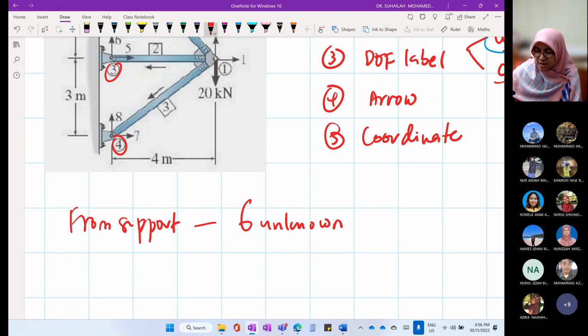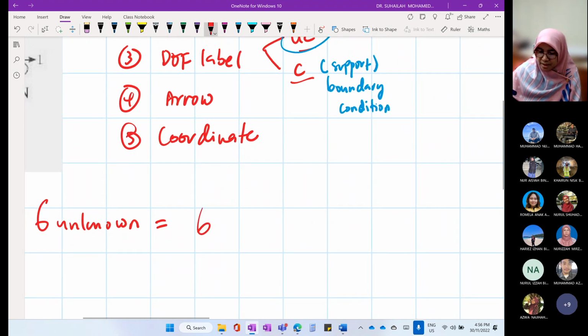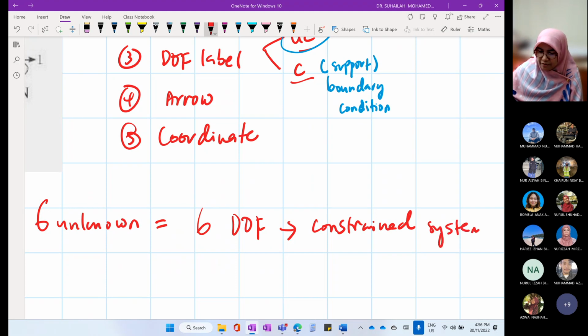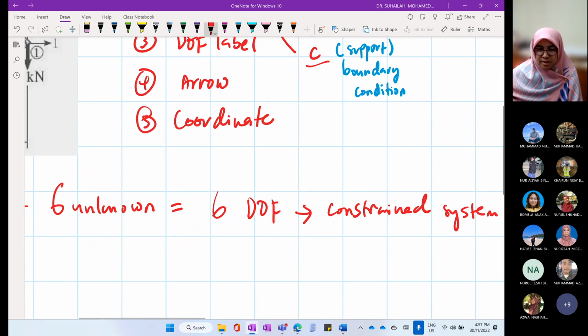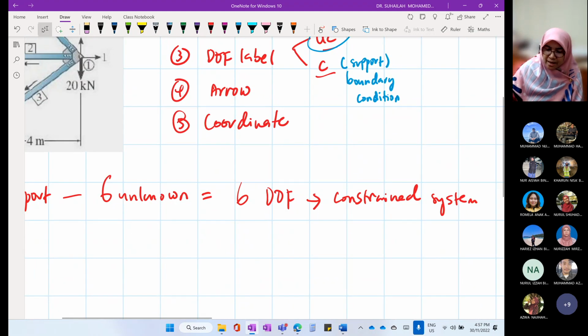And 6 unknown reactions is equal to 6 degrees of freedom in the constrained system. So if there are 6 located in the constrained system, the remaining is located in unconstrained.